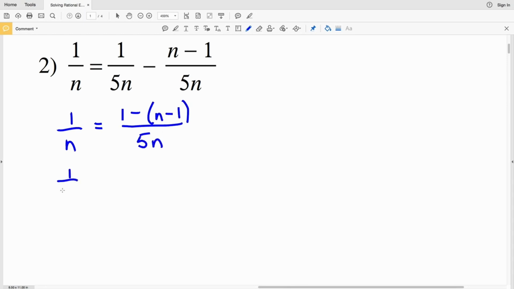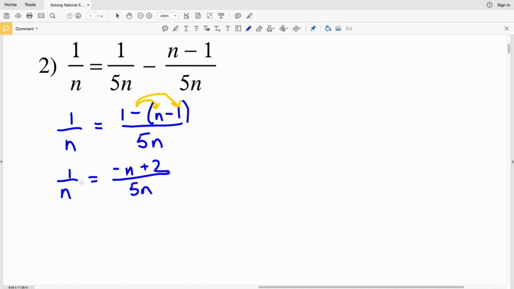So that's 1 over n, which is equal to 1 minus n plus 1, since when you're subtracting the quantity n minus 1, you're subtracting the n and then adding the 1. So that will leave us with negative n plus 2 all over 5n. And if you need to think of it as distributing this negative.